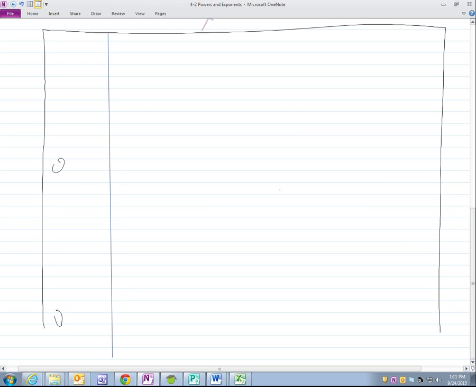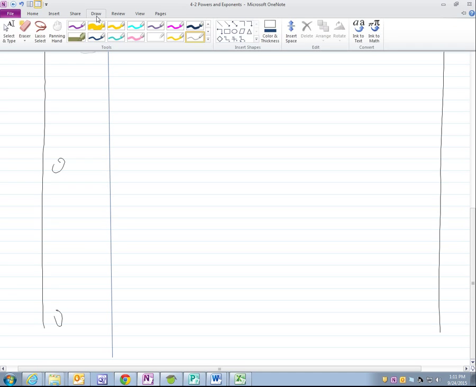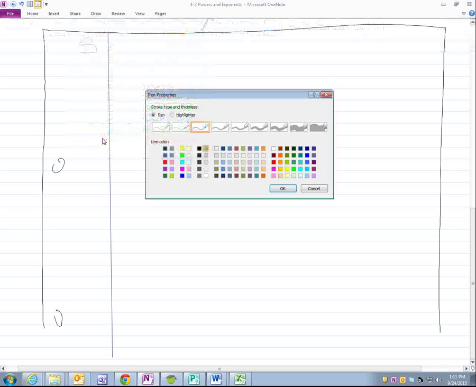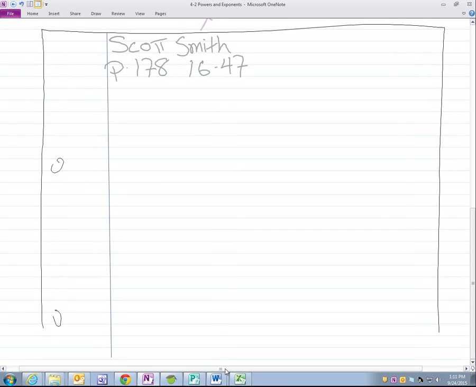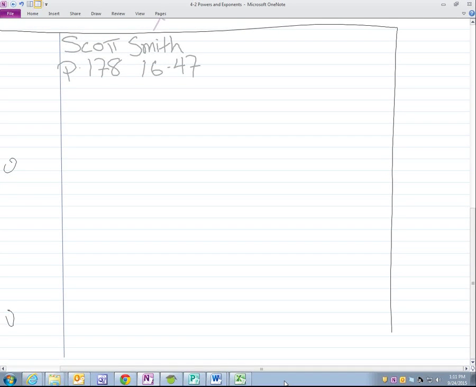Always, top left, or maybe even on that line. You have your name, the assignment, page 178, 16 through 47. Then you have the date.